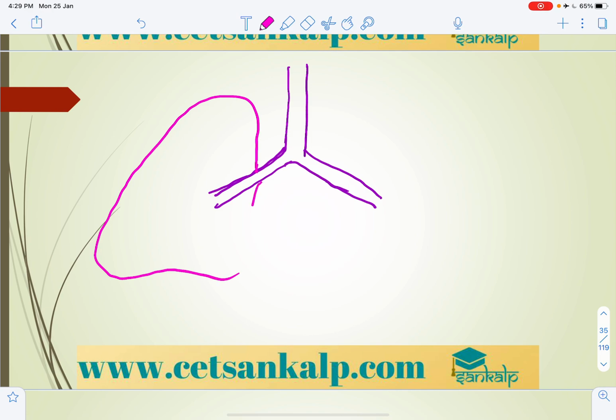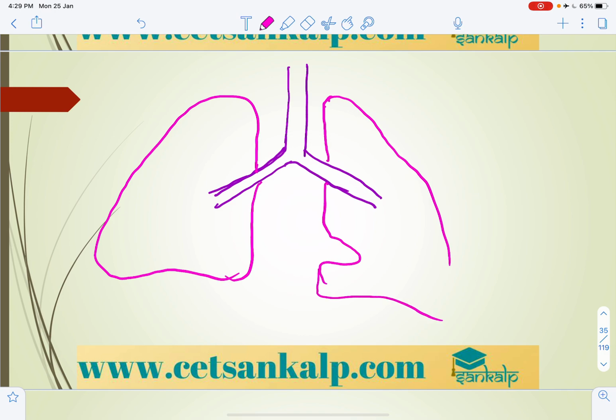This is the right lung, and this is the left lung, which is a little narrower and present a little downward. The right lung is a little above at its level. I will tell you why that is.